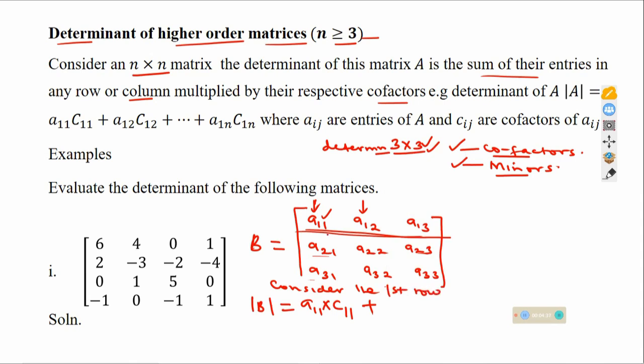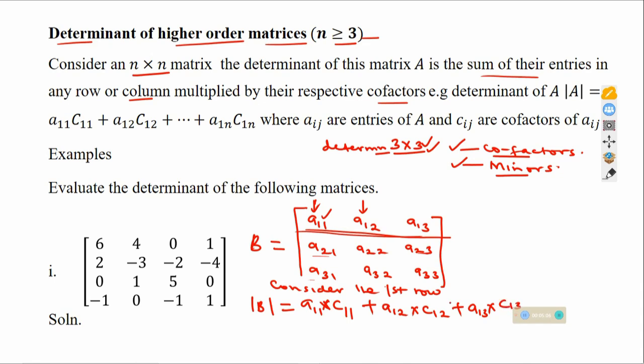Consider the first row. In the first row I have entries a11, a12, a13. So to get the determinant of this matrix, I will get a11 multiplied by the corresponding cofactor, which is C11. Then plus a12, the corresponding cofactor is C12, plus a13, the corresponding cofactor is C13.